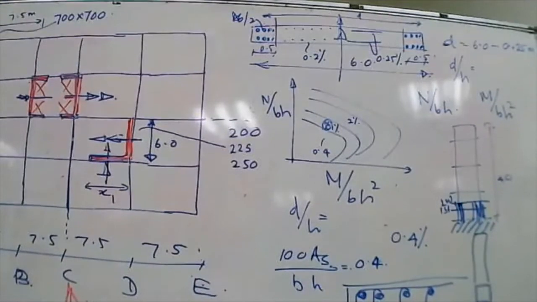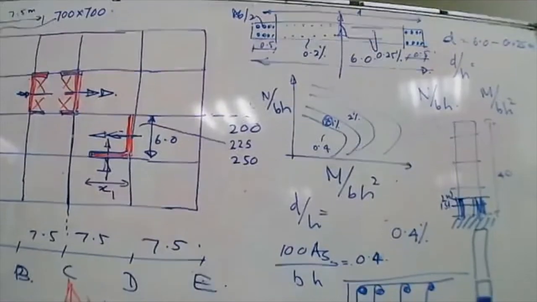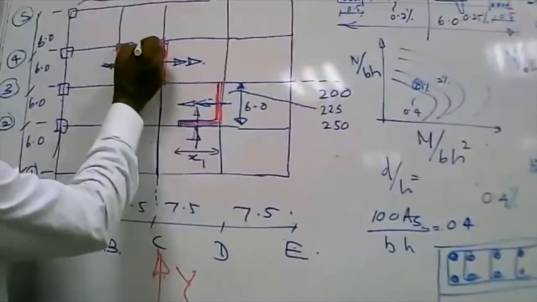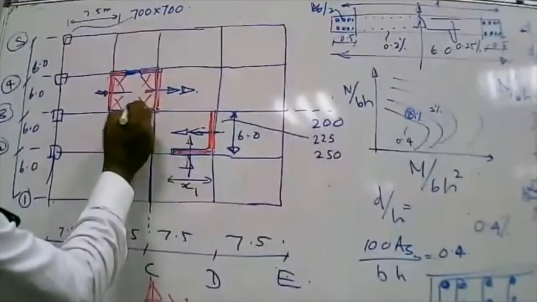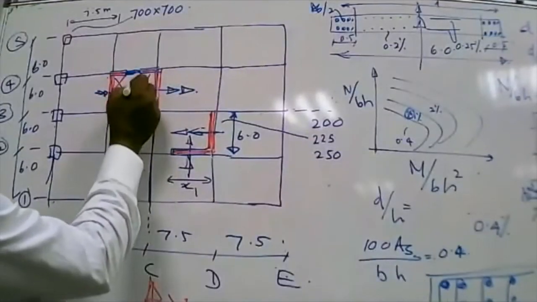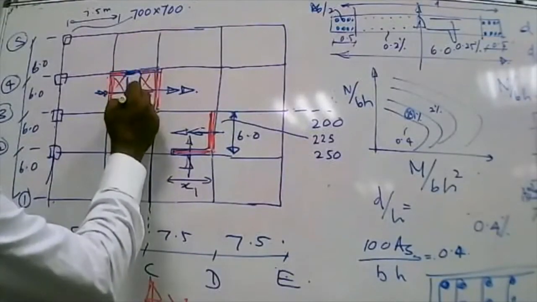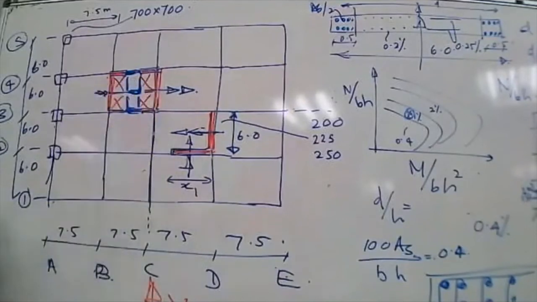But if it's a small building, 7-story to 10-story type, and the architect is adamant that he cannot give anything, and you want to one way or the other finish the structure, then what I do is I will go for a box. I'll connect this with a big beam, and I'll put some beams here, and I'll make it a very stiff box. Now it's a very stiff box.